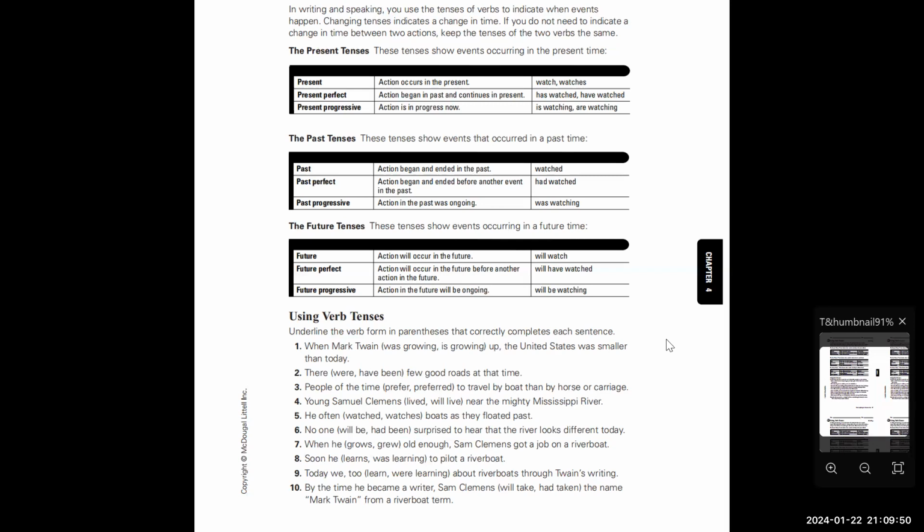Okay, why is your answer was growing? Do you see any clue maybe, or you can explain the situation. It's up to you. For me, I can answer that with a clue that I'm seeing right now in this sentence.